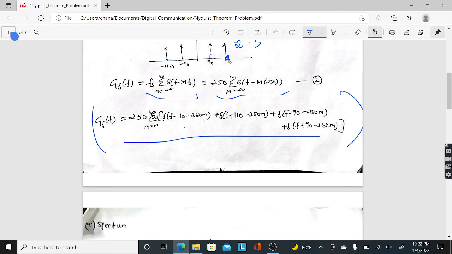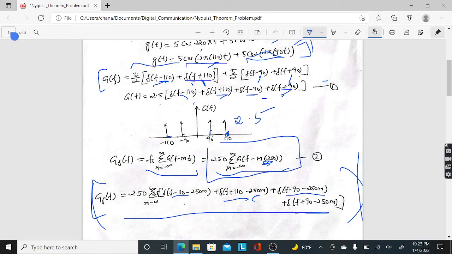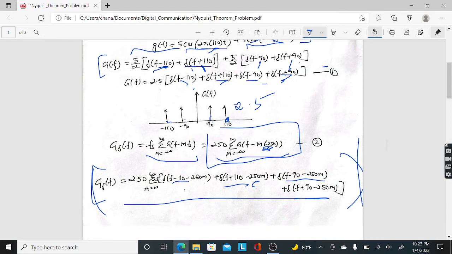So if I substitute here, you'll get 250. G(f) I know is δ(f − 110), so it will be δ(f − 110 − 250m), plus δ(f + 110 − 250m), δ(f − 90 − 250m), δ(f + 90 − 250m). But for plotting, I don't have to look into this. When m equals 0, this is nothing but 250 times G(f).